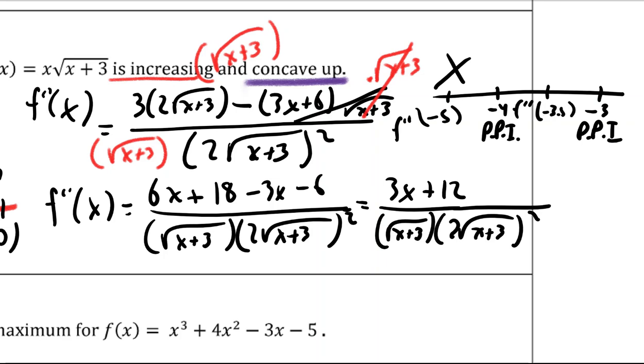Try something like -3.5 into the second derivative. Is there even -3? Because previously our graph didn't extend past -3. What did I do here?